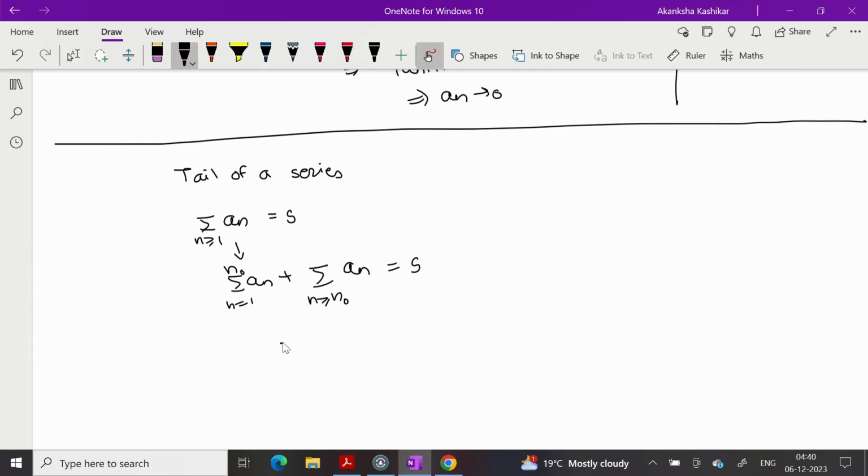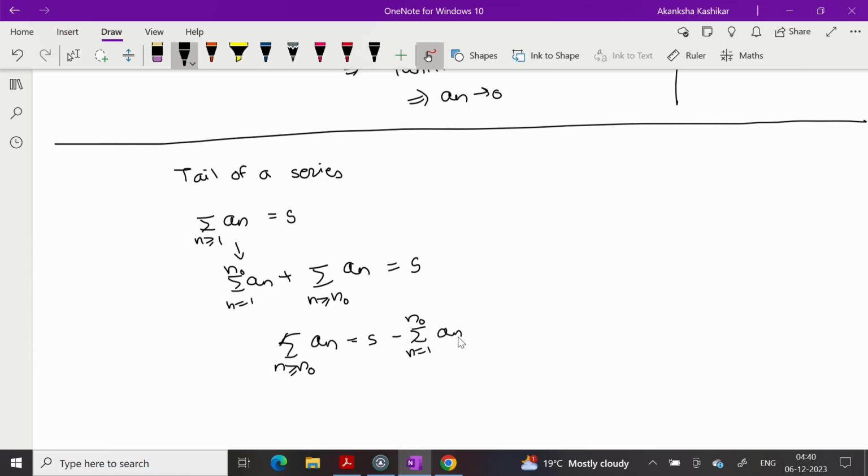This means that the summation over n greater than or equal to n naught can be defined as s minus the sum over n going from 1 to n naught of an.